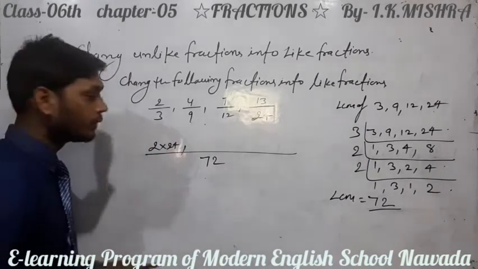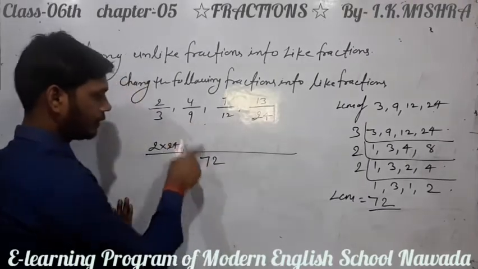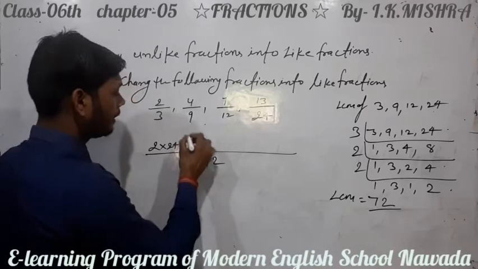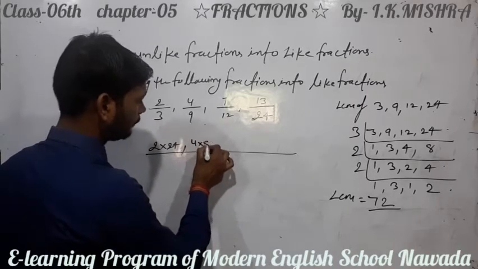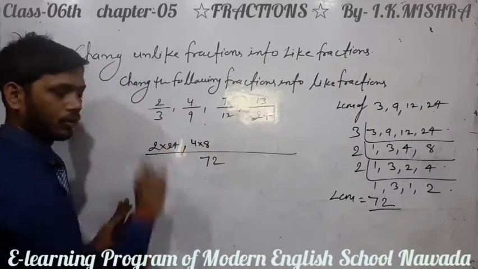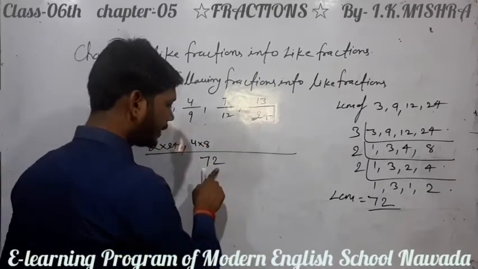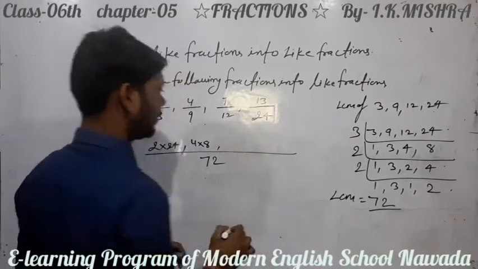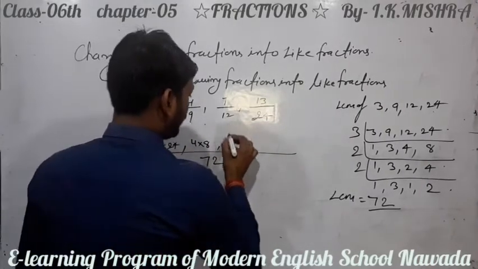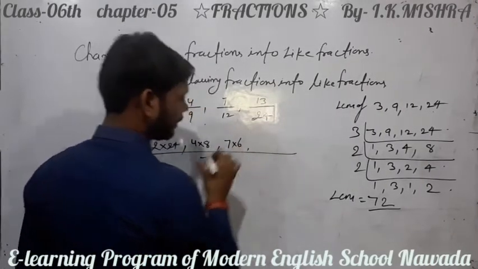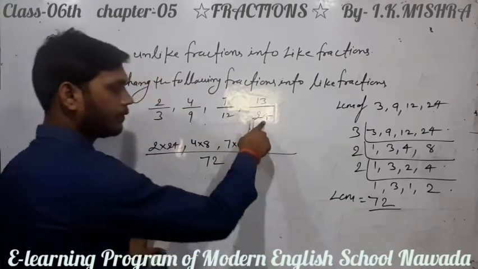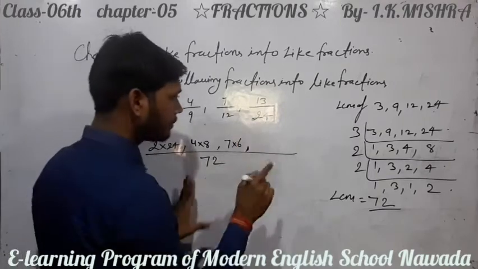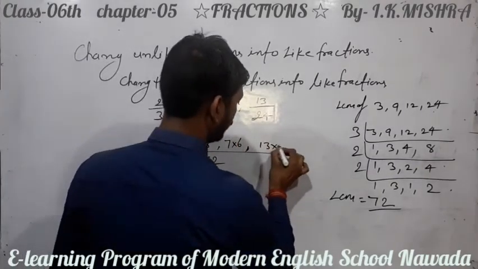Again you divide 72 by 9, so 8 times, here 4 into 8. Numerator multiply by the quotient. Here divide 72 by 12, 6 times, 7 into 6. Again divide 72 by 24, 3 times, and 13 into 3.